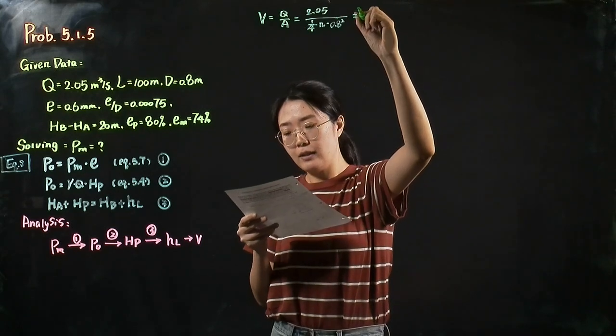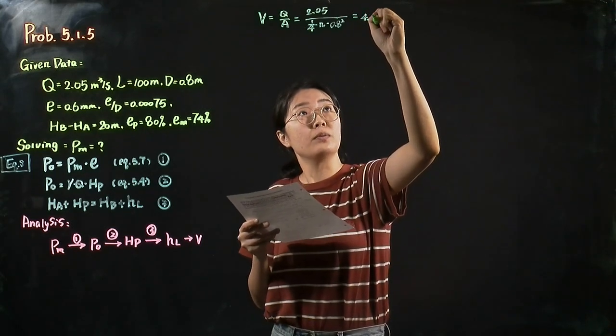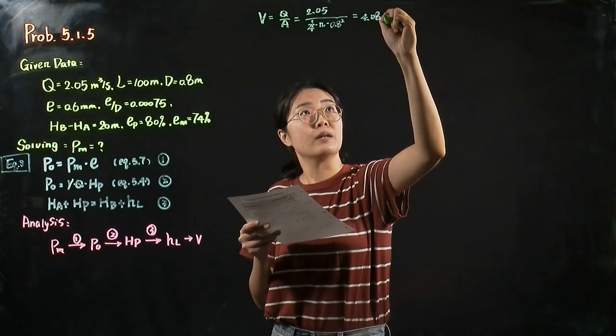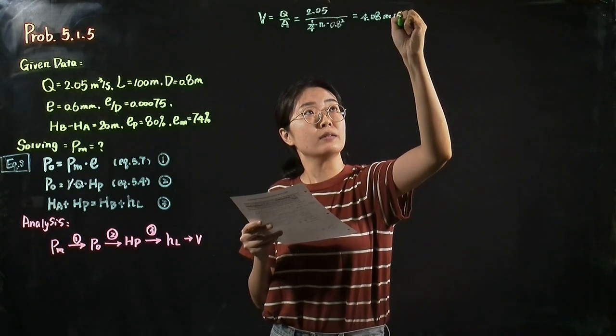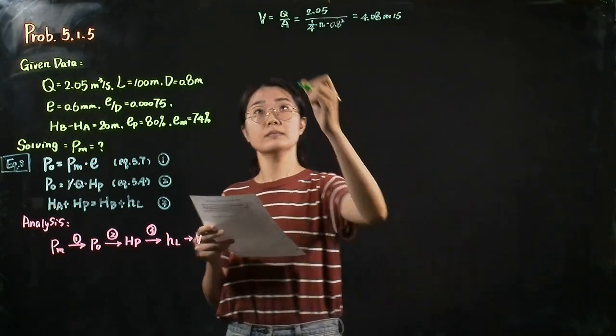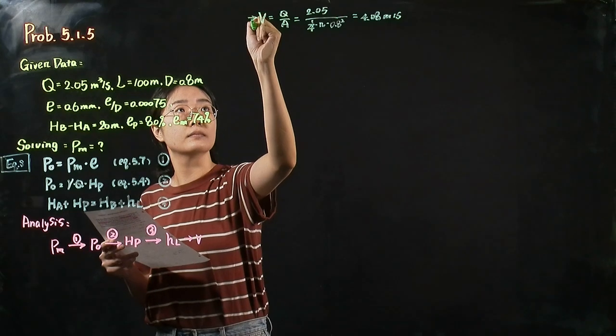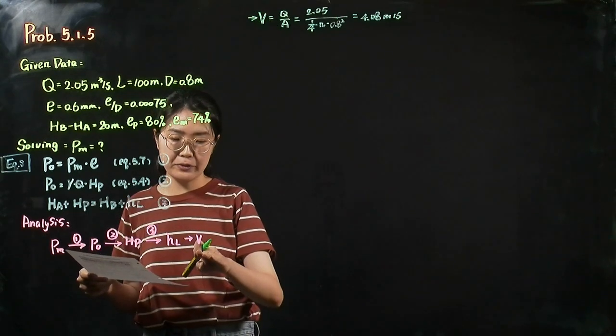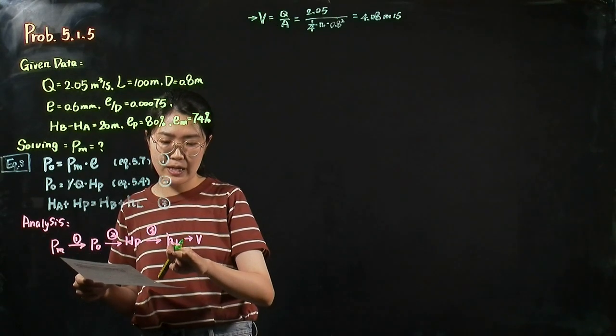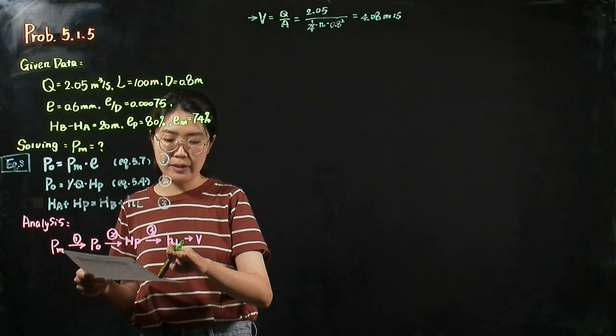Then we can get the velocity equals 4.08 meters per second. Currently, we have the value of the velocity, so the next step is to calculate the head loss.